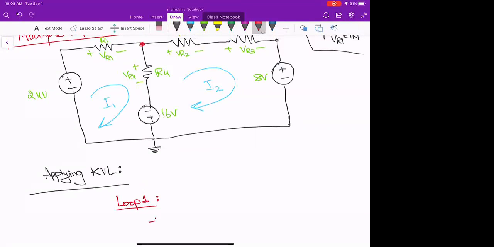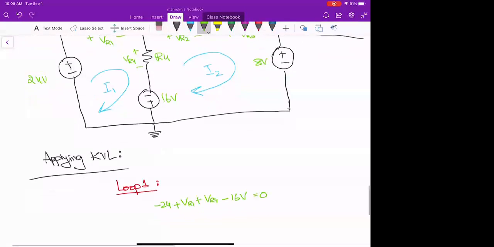So this is minus 24 plus VR1 plus VR4 minus 16 volts is equal to 0. Okay.